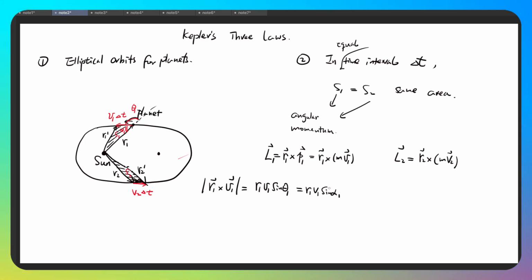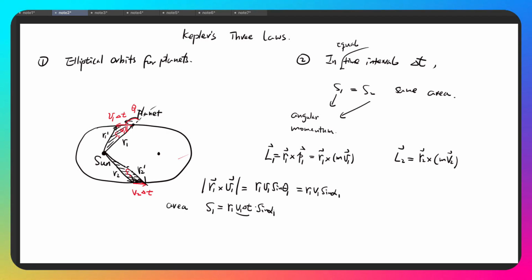Now that is related to the formula for calculating the area S1. So S1 equals R1 times v1 delta t. If I multiply v1 by delta t, I get the third side length, times sine alpha 1. That's the area.